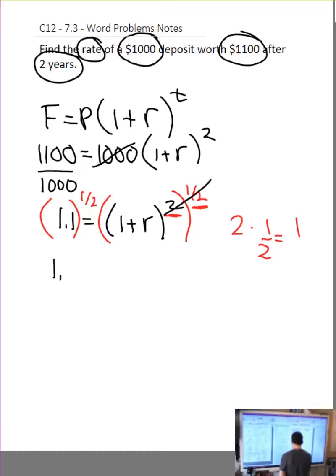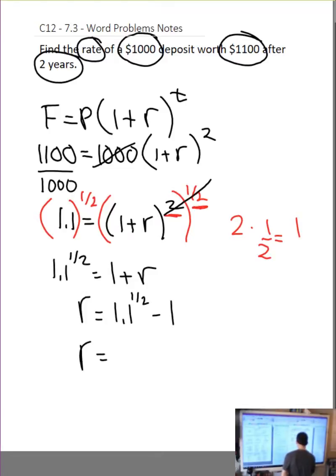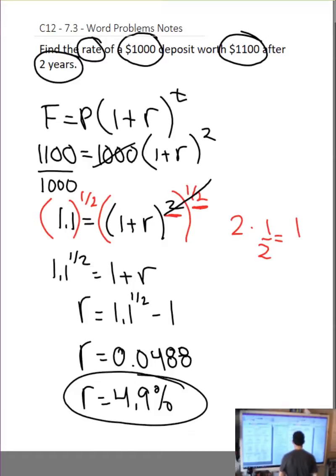So we simply have 1.1 to the 1/2 equals 1 plus r. If I subtract 1 from both sides and mirror the equation, we have 1.1 to the 1/2 minus 1, giving us a rate of 0.0488, or simply 4.9%. Great.